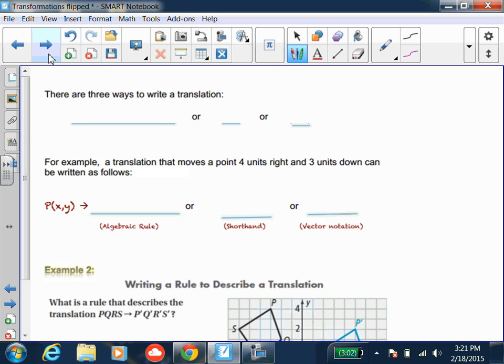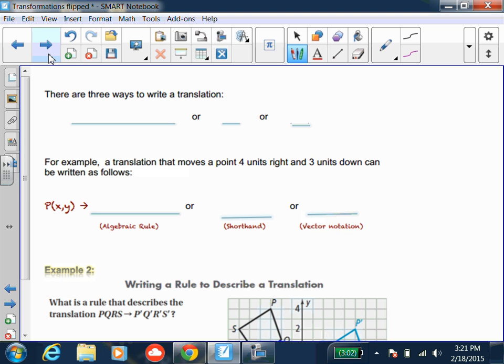All right, there are 3 ways to write a translation. We're really only going to use the first 2, but I'm going to show you all three. The first one that we're going to use is the algebraic rule.